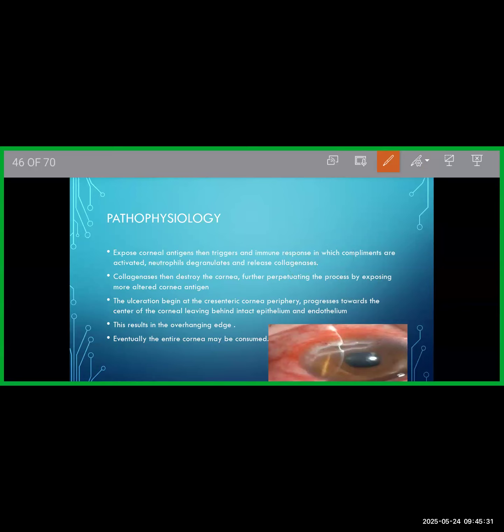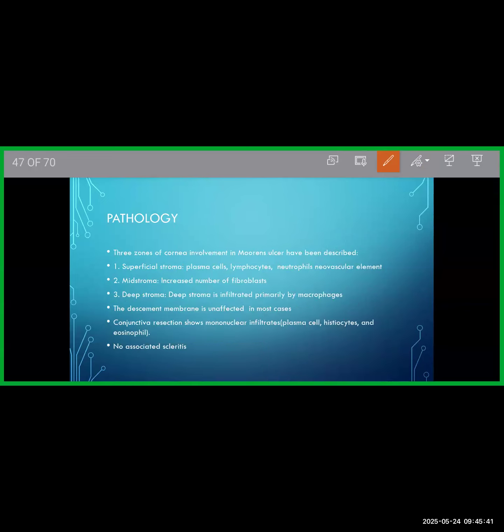So eventually, the entire cornea will be consumed, and with progression of the stromal thinning, perforation will result. Now, there are three zones of corneal involvement in Morin's ulcer. We have the superficial stroma, which contains plasma cells, lymphocytes, neutrophils, and vascular elements.